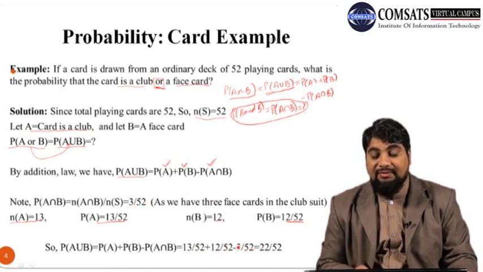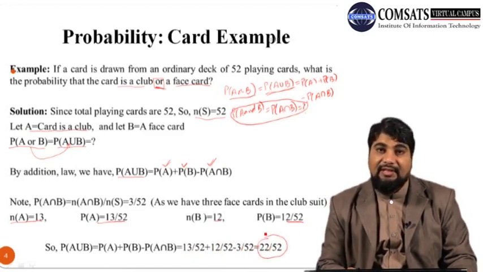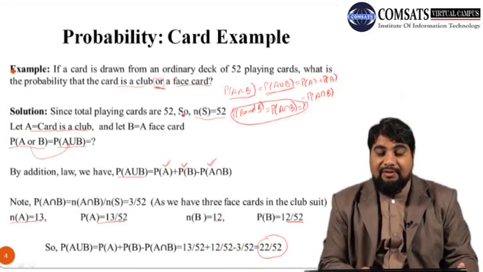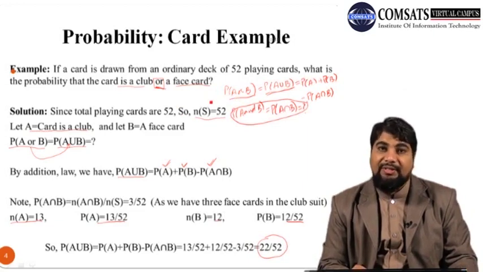You can see that 52 is the common denominator. 13 plus 12 is 25, minus 3 is 22. So 22 over 52 is the required answer. This is how we can use the law of addition to solve a probability question.